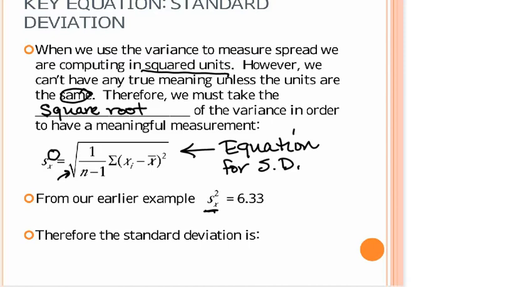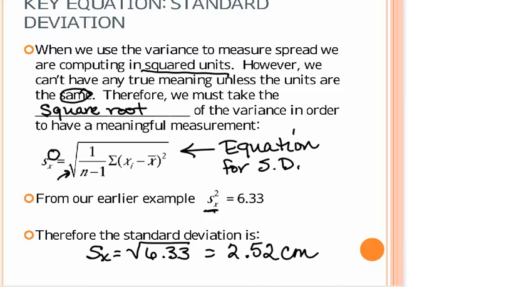So therefore, the standard deviation of what we just found would be the square root of 6.33. And when we take the square root, we get 2.52 centimeters, because we can go back to centimeters. So what does this mean?